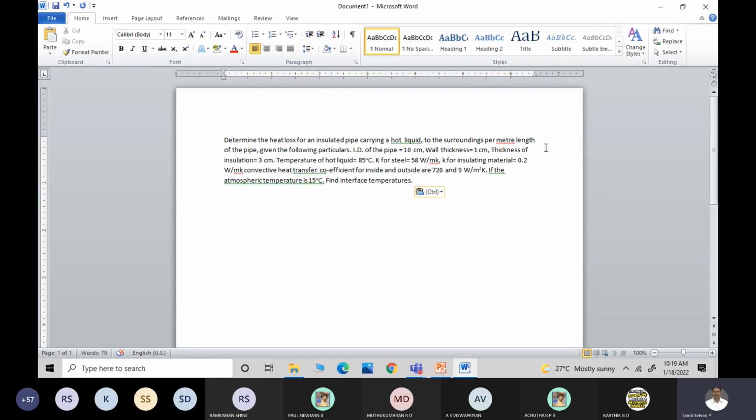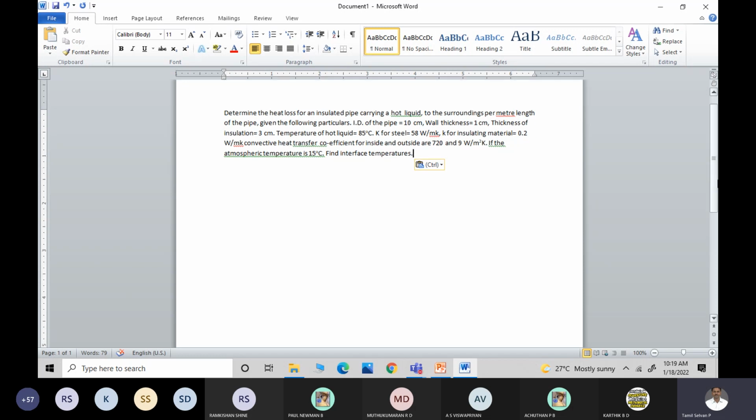Temperature of hot liquid is 85 degrees C, and thermal conductivity of the steel is 58. Thermal conductivity of insulator is 0.2, and convective heat transfer coefficients for inside and outside are 720, and atmospheric temperature is 15 degrees. So everything is given. You are asked to find the interface temperatures and heat loss. Now let me solve it.